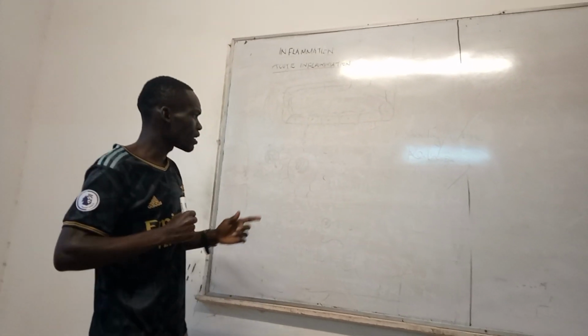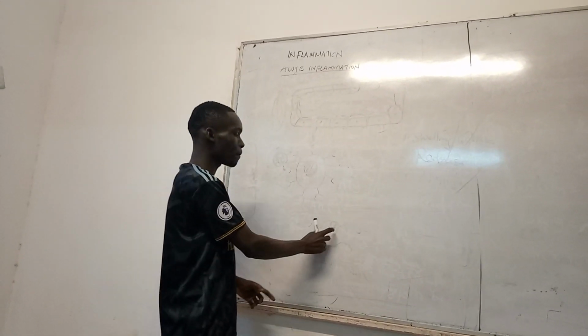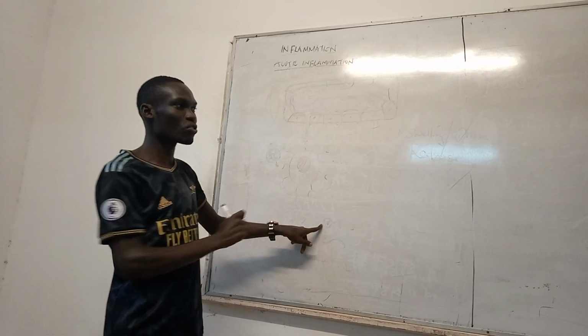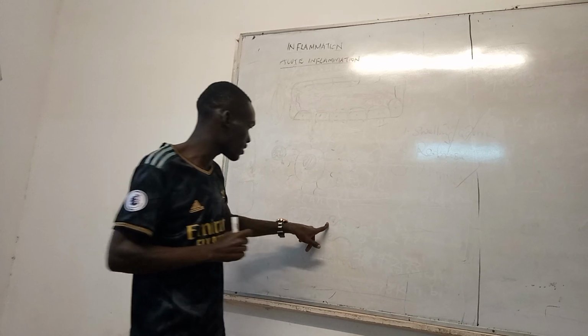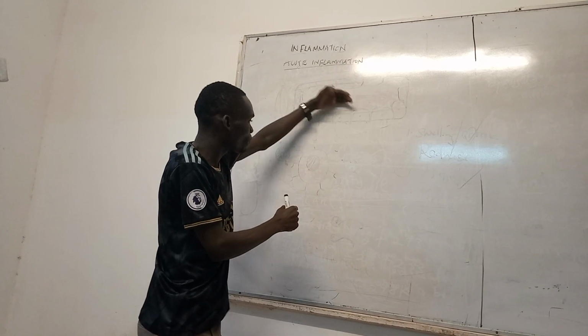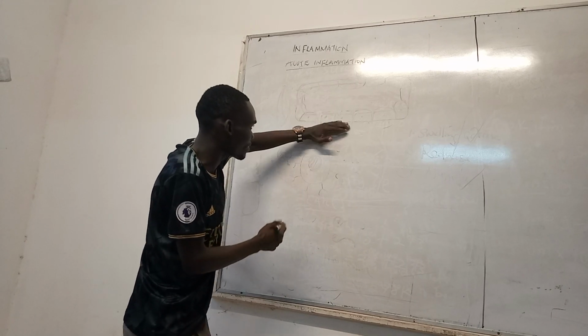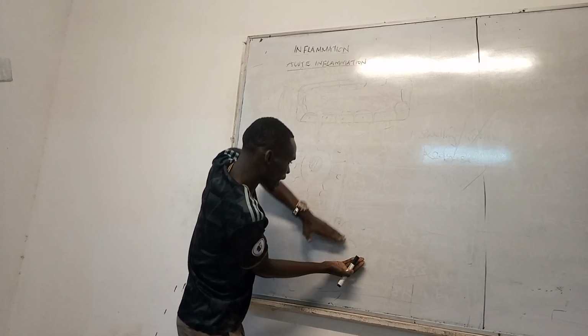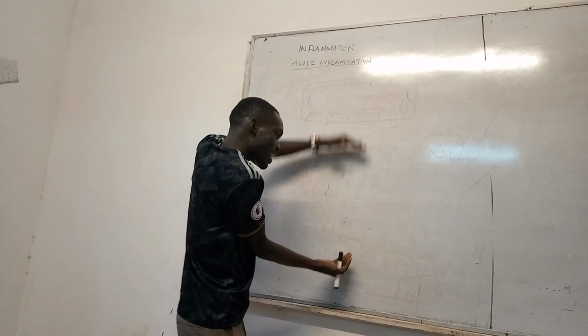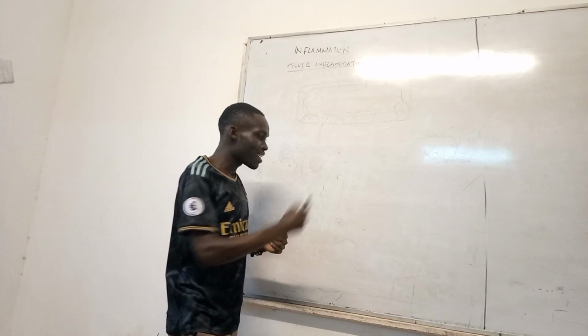Next, remember we've said there are pain receptors over here, also known as nociceptors. As more of the fluid comes out of the vasculature, it tends to compress and put more pressure on the pain receptors.